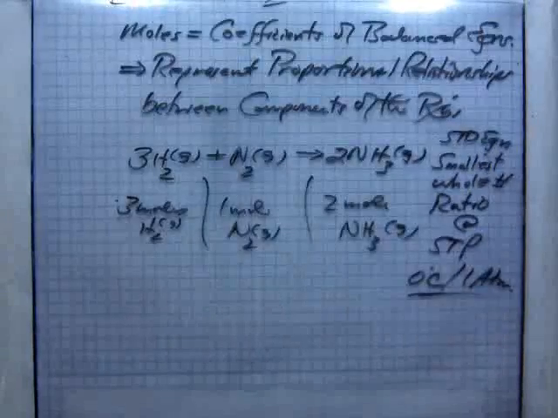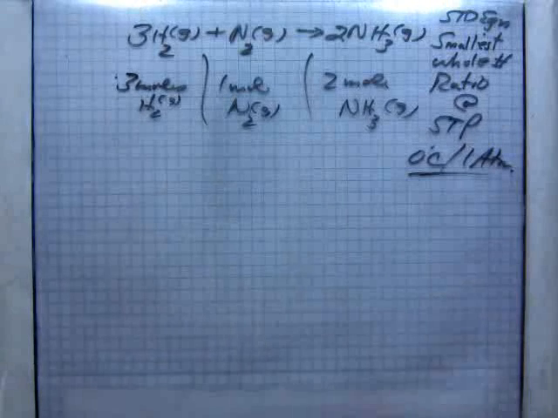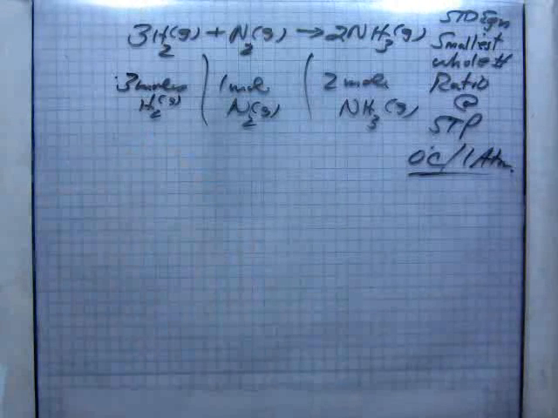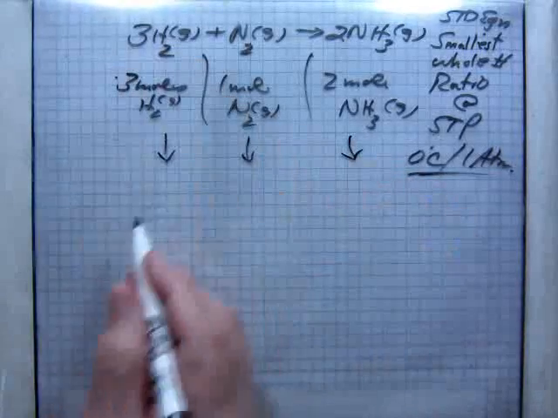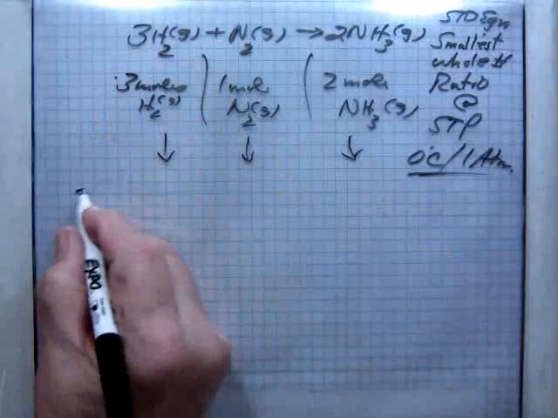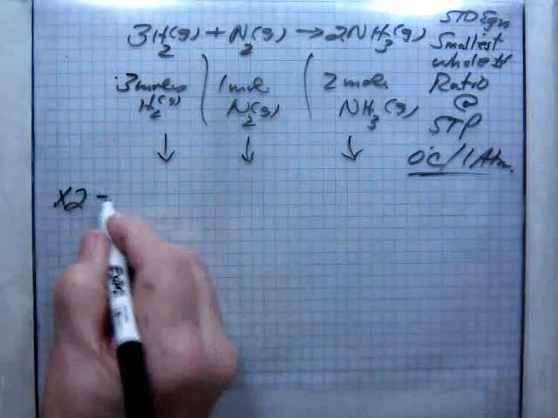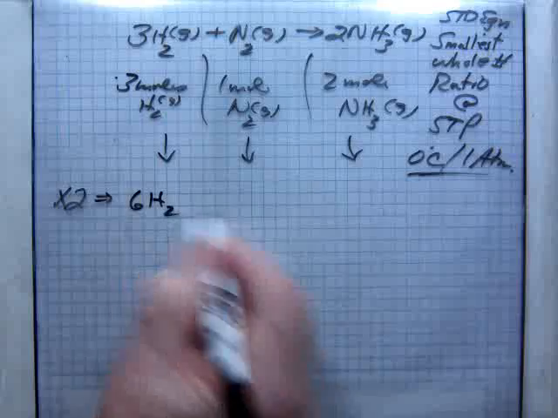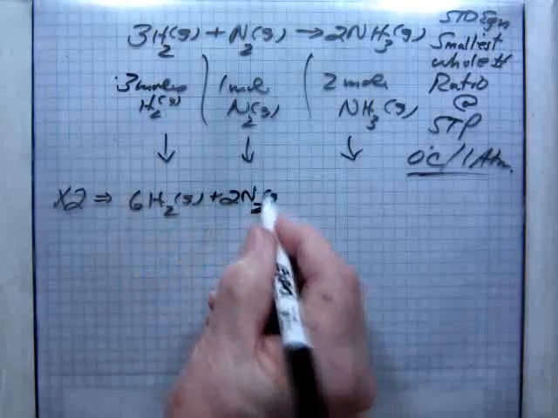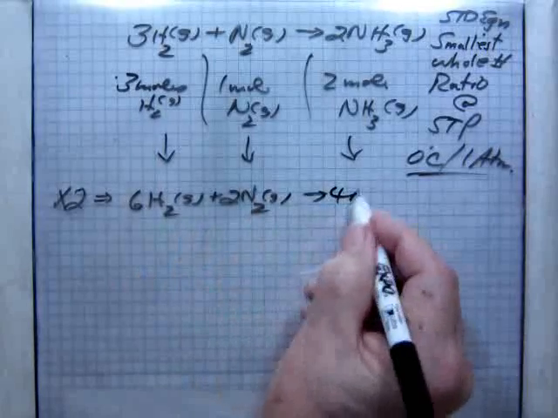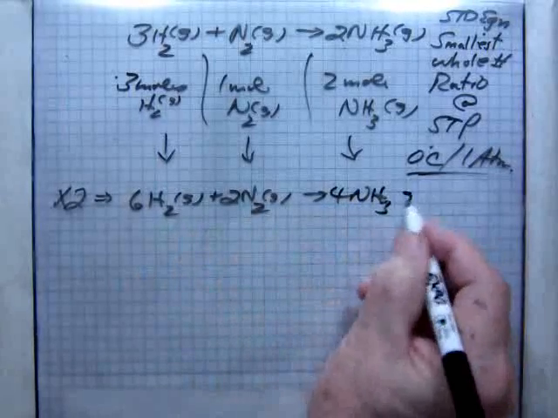But what this means is that you can scale the equation up by mass, and you can cut it in fractions by mass. So if you need to, you can double it, times 2, gives you 6H2 gas plus 2N2 gas goes to 4NH3 gas.